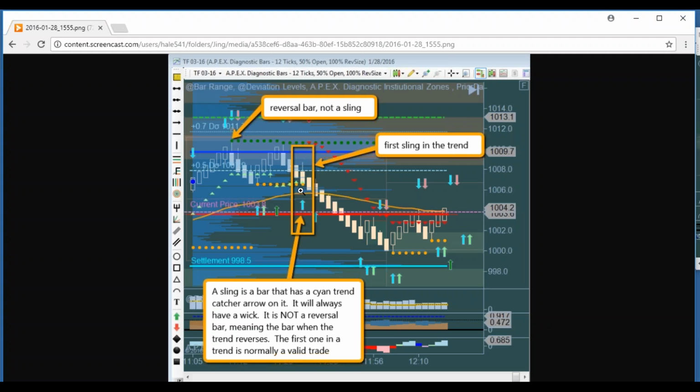Okay? We all know that markets rarely trend straight down or straight up without any pullbacks, right? There's almost always some type of pullback. Whether we see that in a couple of bars retracing, then it coming down, or whether we see that in a wick bar. Okay, so what is a sling trade, or what is a slingshot trade in general, as we call it? Okay, well, right there.